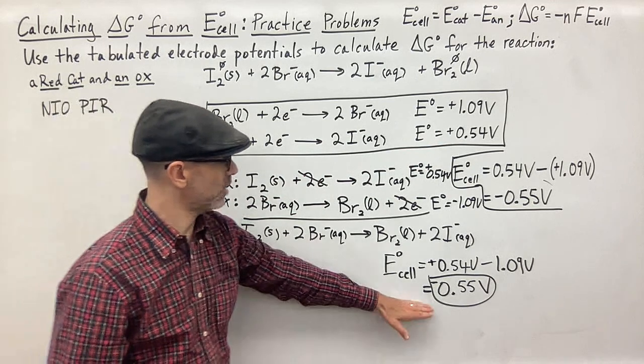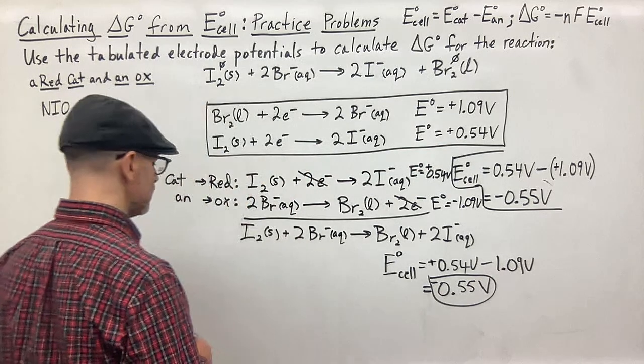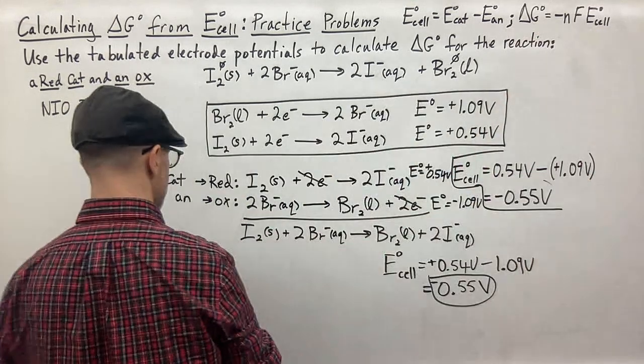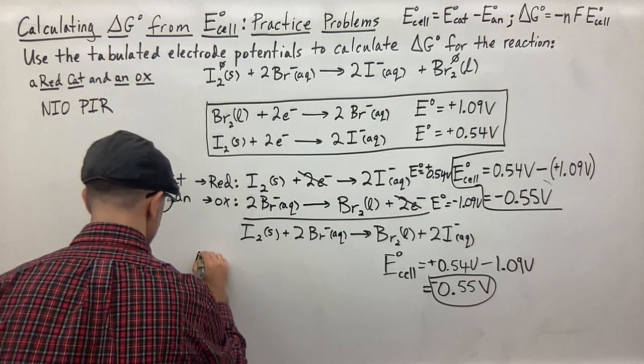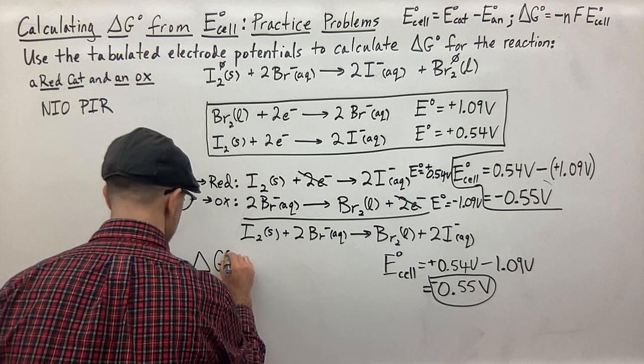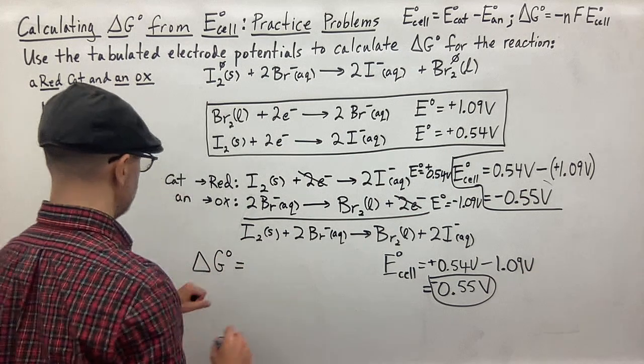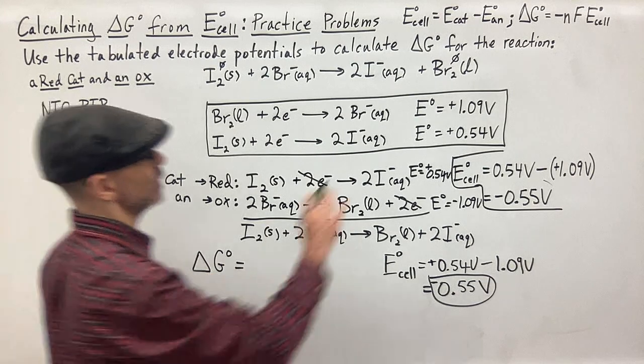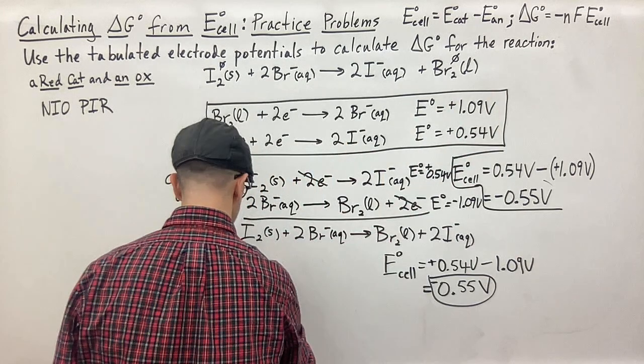Okay, now that we have the electrode potential of the cell, we can use this equation to calculate the standard free energy. So here's the standard free energy equation. Delta G, the standard free energy change, is going to be equal to negative n F E, right?